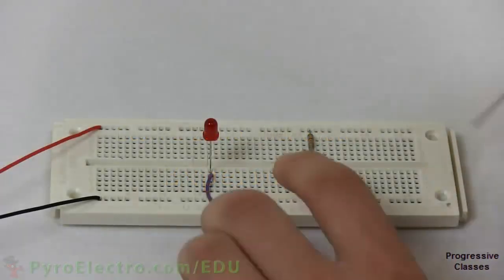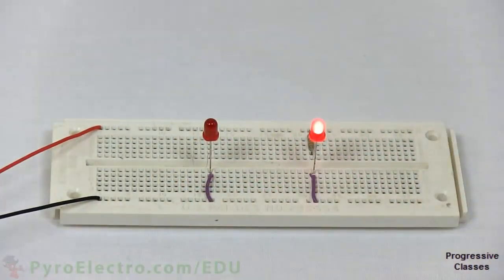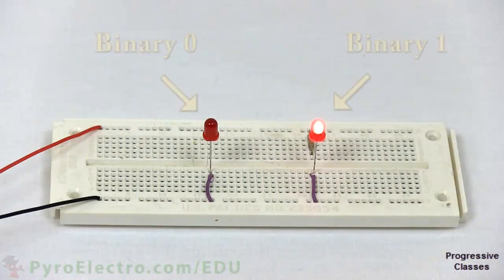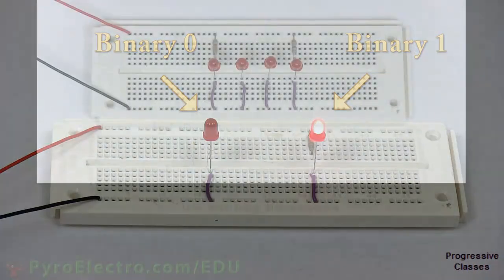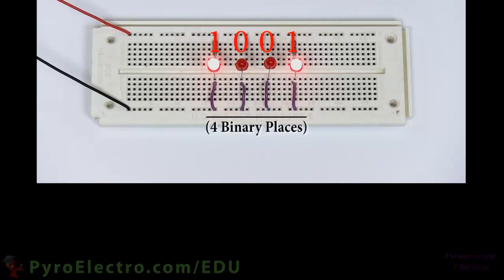In digital electronics, it is common to use LEDs as a way to output information to designers to let them know if there's a problem. Since LEDs can only be on or off, they make for perfect binary number displays. If you take these 4 LEDs, for example, and convert their state into binary, 1 equals on, 0 equals off, we would get 1001.